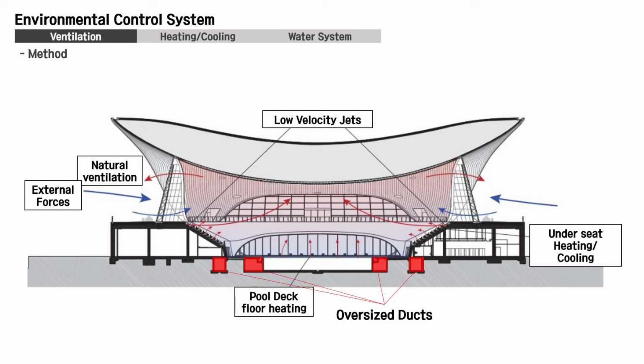Air is supplied to the major event spaces using oversized ducts below the pool deck, providing the freshest air at the level of highest activity. In addition, the ventilation system employs only low-velocity jets and fans, avoiding drafts and helping to establish both a pleasant and consistent ambient environmental experience.